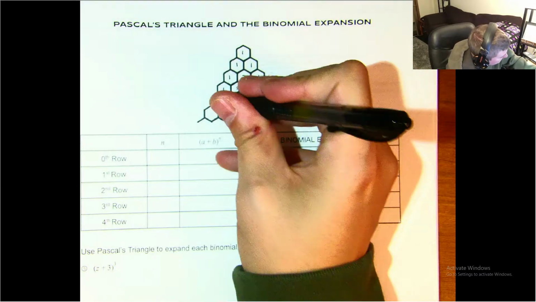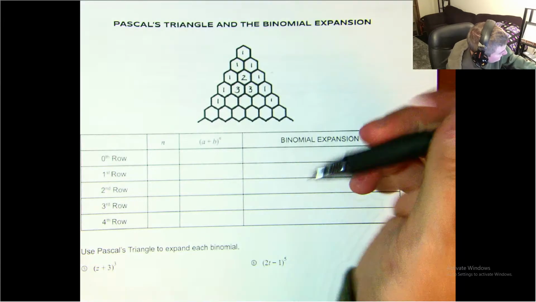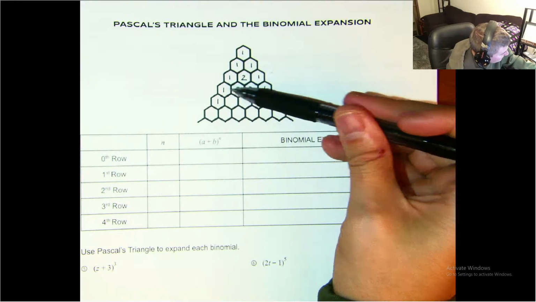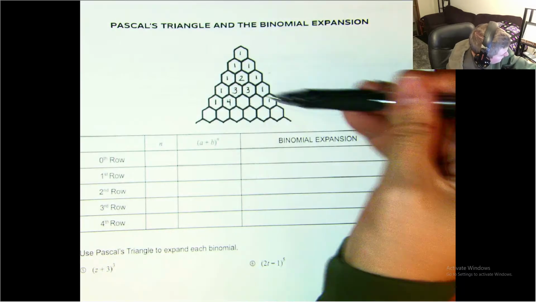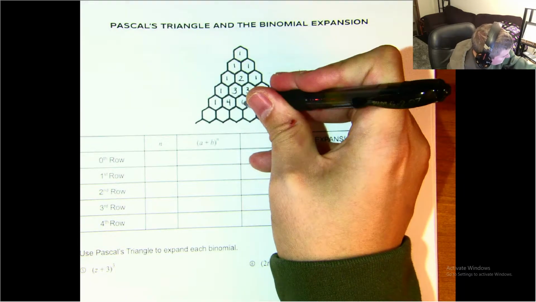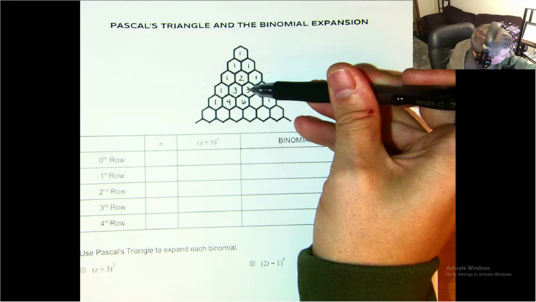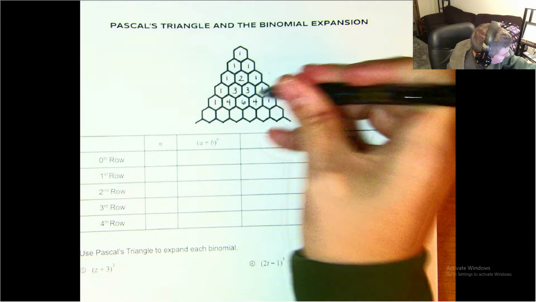Okay, so again, we have 1s here. And then here we would have 1 and 3, this is 4. 3 and 3, which would be 6. And then 3 and 1 again, which would be 4.